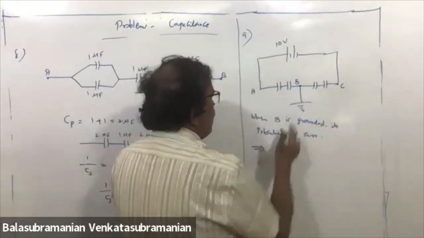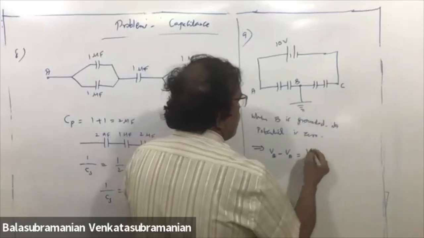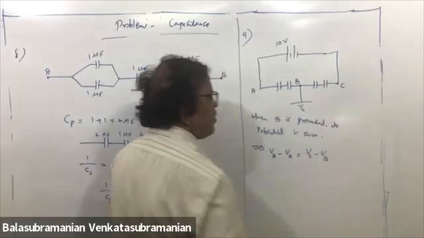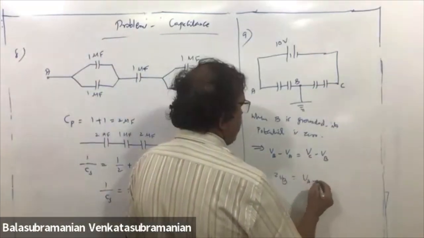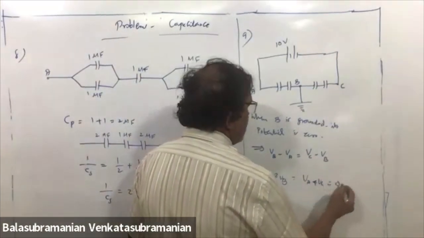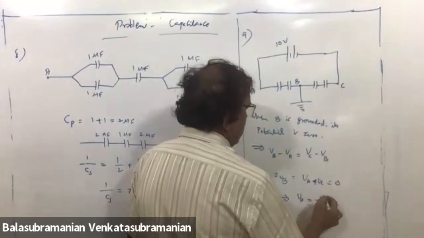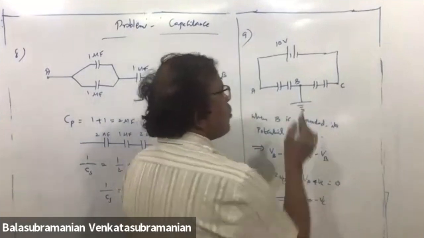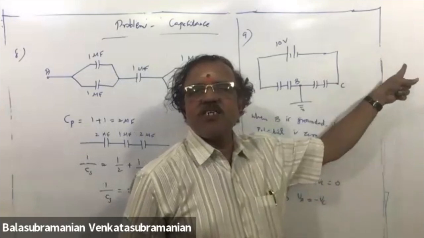Implies VB minus VA is equal to VC minus VB. 2VB is VA plus VC. That is 0. Implies VA is equal to minus VC. Total is 10 volt.